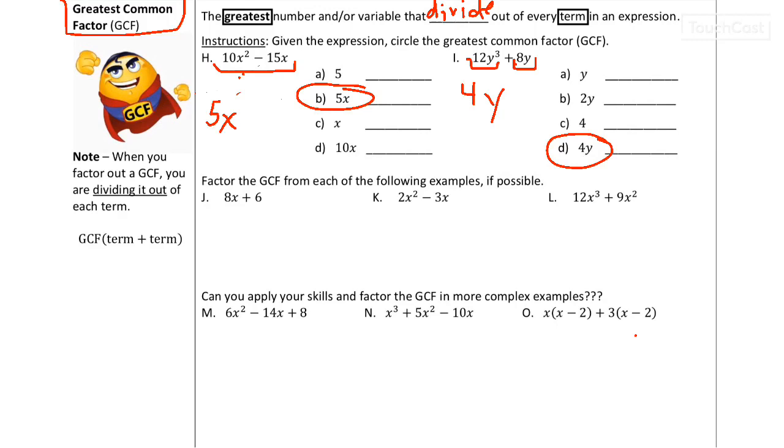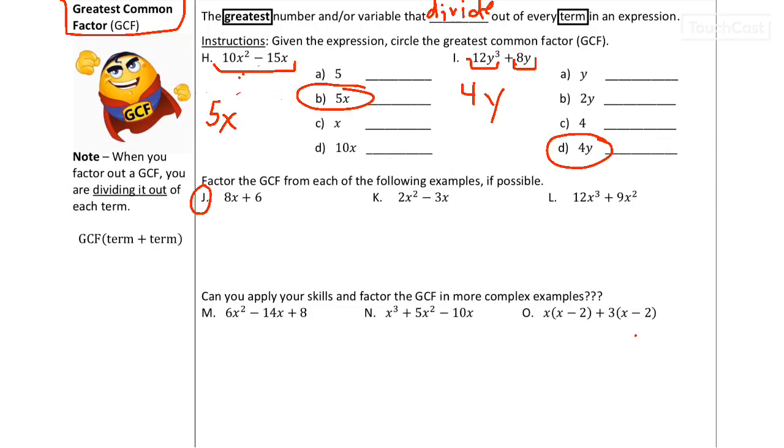Okay, so the example H and I above were the skill you need in order to use GCF factoring, or greatest common factoring. So we actually did not complete the problem. We're going to actually do a full-on factoring method in example J. So we're going to find the GCF, and then we're going to factor it out.